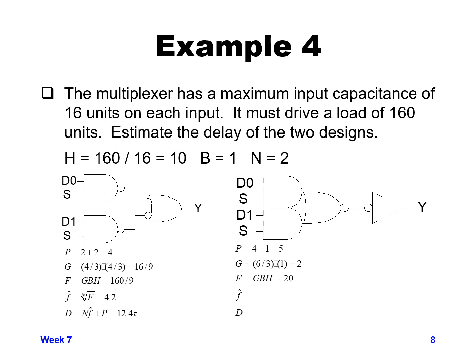F is G times B times H again. So we take G as 2, H as 10, and B as 1, so we get a value of 20. Then we take the square root of 20 and get 4.5. And the value of D is going to be 4.5 times 2, or 9, plus the value of P, which is 5, so we get 14 tau.